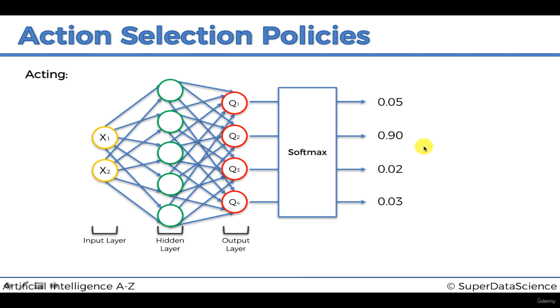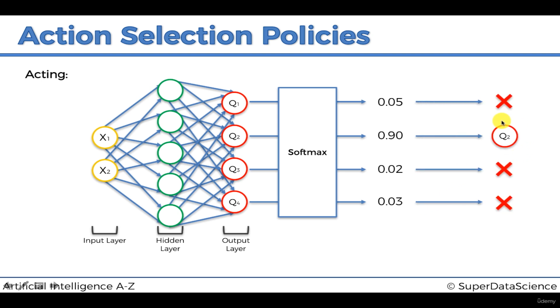That is why we can say here we've got Q values, but here all of a sudden we've got probabilities. We can say that the likelihood of this being the best action is 90%, and this being the best action is 5%, 2%, 3%, because we know the higher your Q value, the better the action. If we squash them to 0 to 1, then these become probabilities and we can deal with them as such. And therefore, now is when the action is selected.